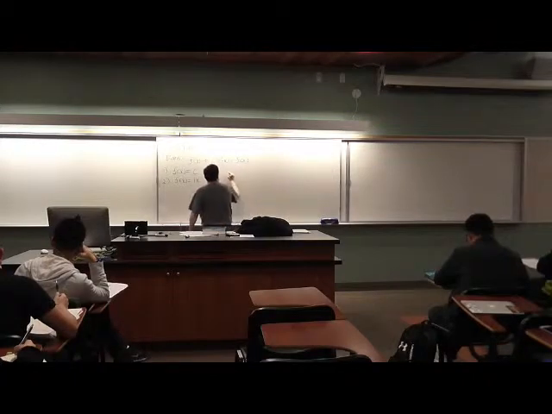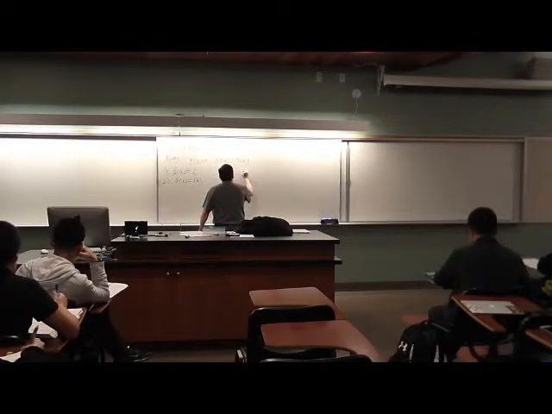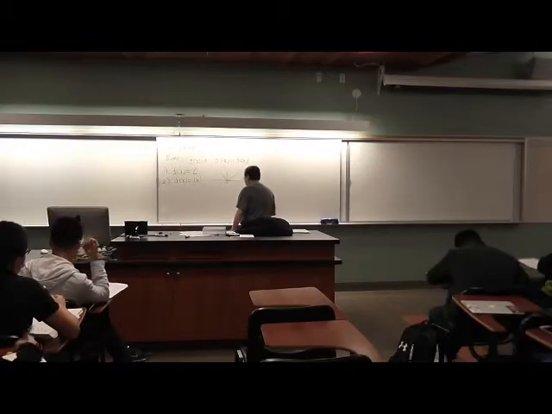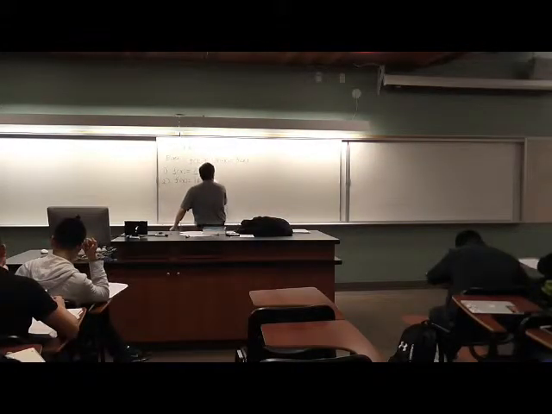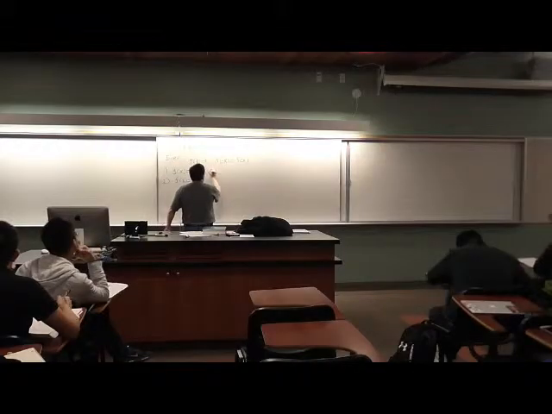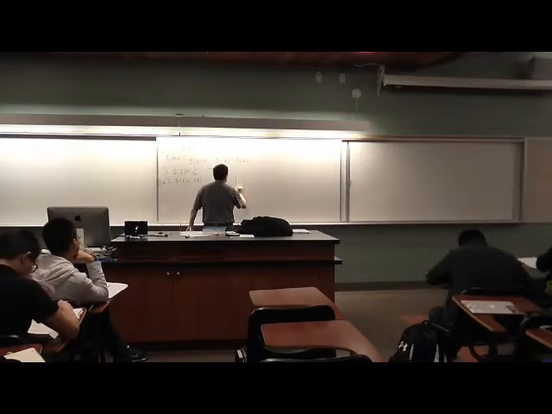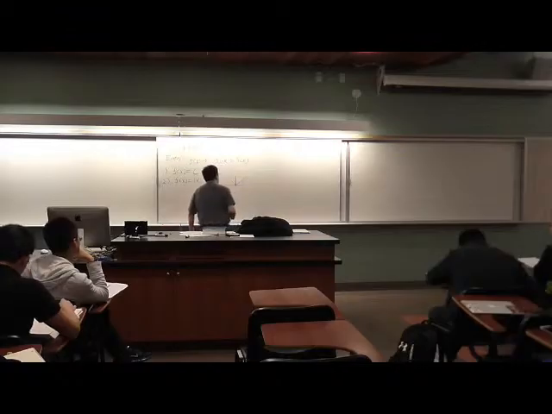And I want to draw a little graph here, just to give you a rough idea what these look like. So here's f of x equals c. Here's f of x equals the absolute value of x.